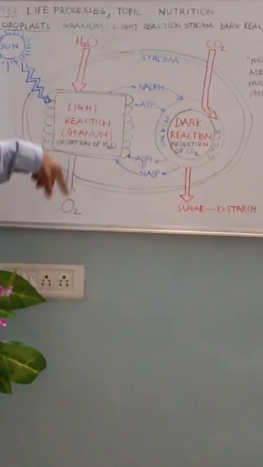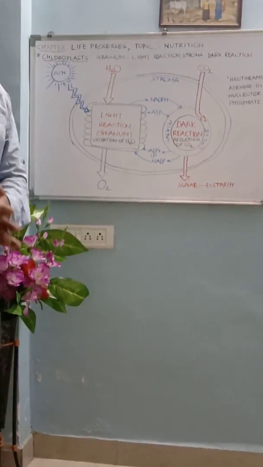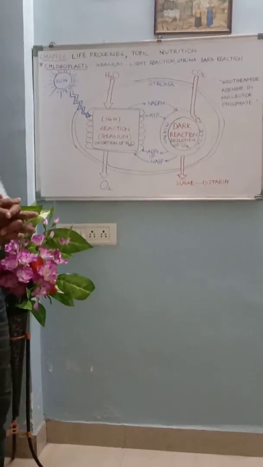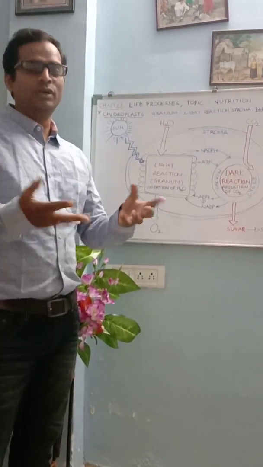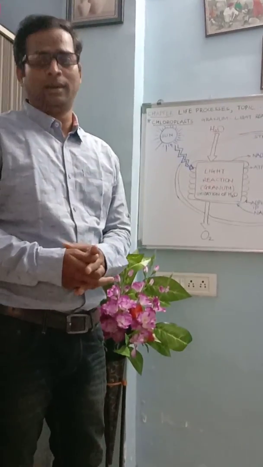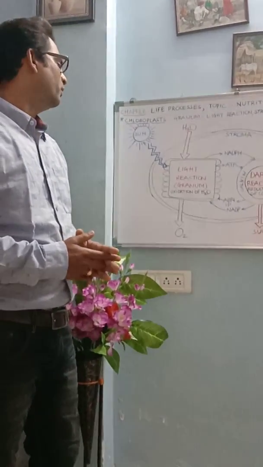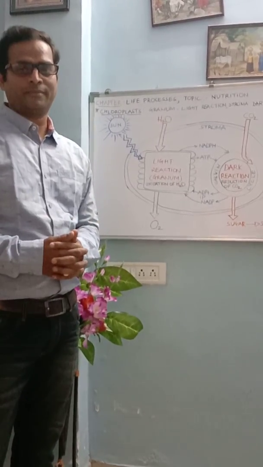This process is sometimes called photolysis of water. Now photolysis of water means breakdown of water in presence of light, and it was explained by one great scientist, Robert Hill, and therefore we can also call this process of breakdown of water Hill's reaction.